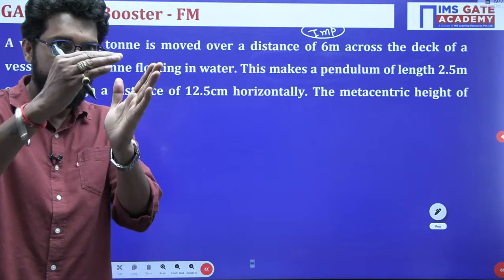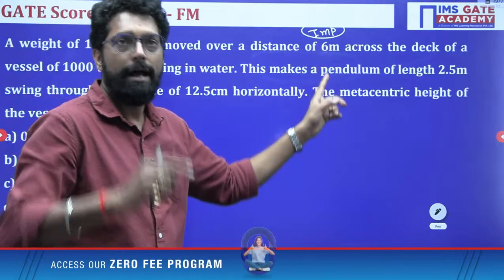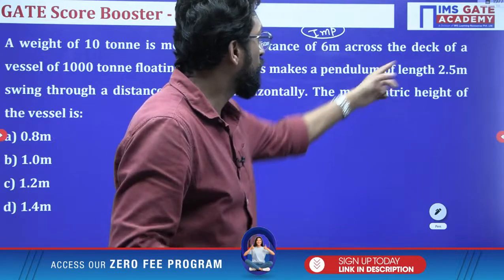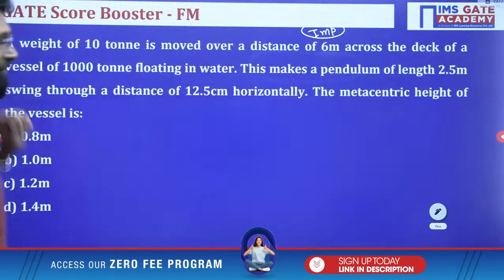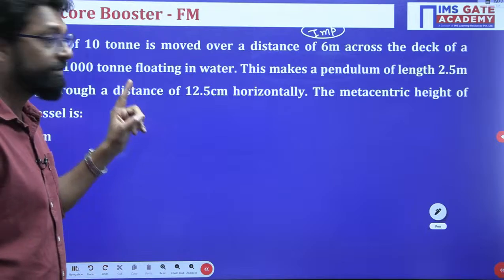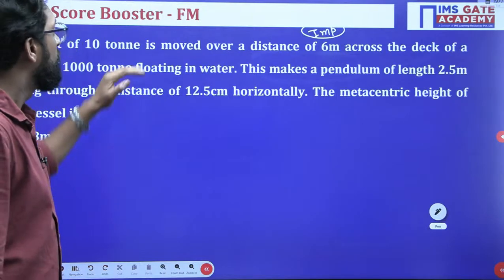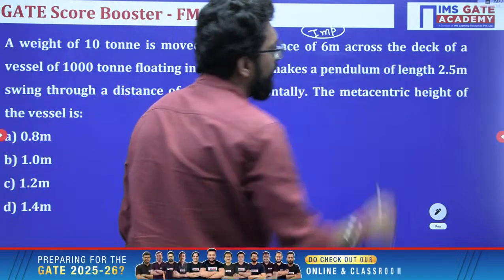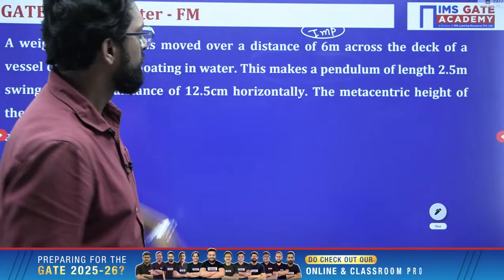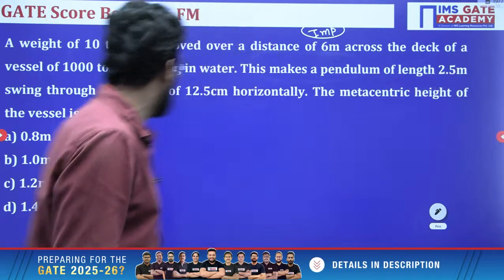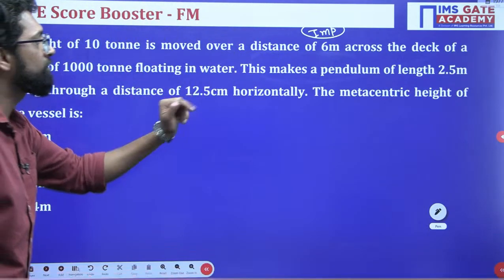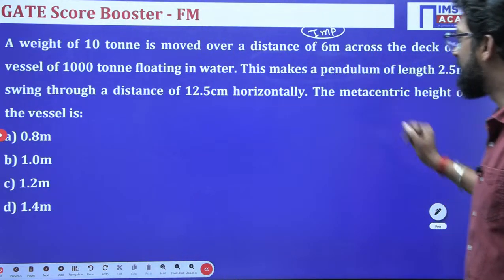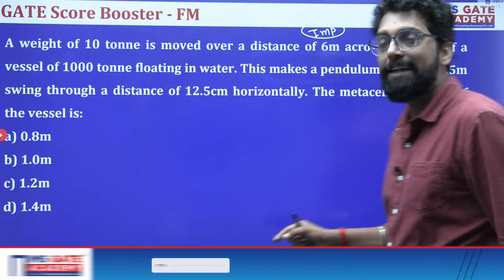This weight will move up to 6 meter across the deck of the vessel, and the weight of the vessel is 1000 Newton, which is floating in the water. This makes the pendulum of length 2.5 meter swing through a distance of 12.5 centimeter horizontally. Find the metacentric height of the vessel.